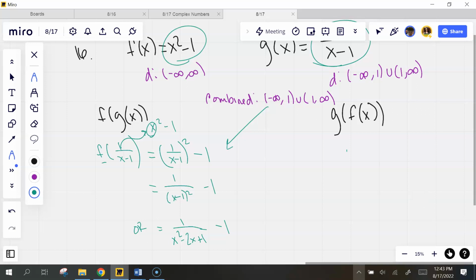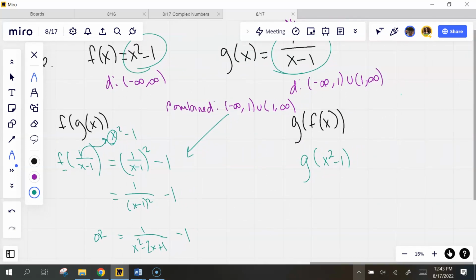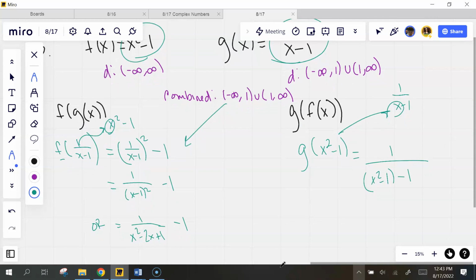g of f of x, so this time I'm plugging x squared minus 1 into g. Remember, g is 1 over x minus 1. So this is going to be 1 over, not x, but I'm going to replace it with x squared minus 1 minus 1. Now this one's easy to simplify a little bit. 1 over x squared minus 2.